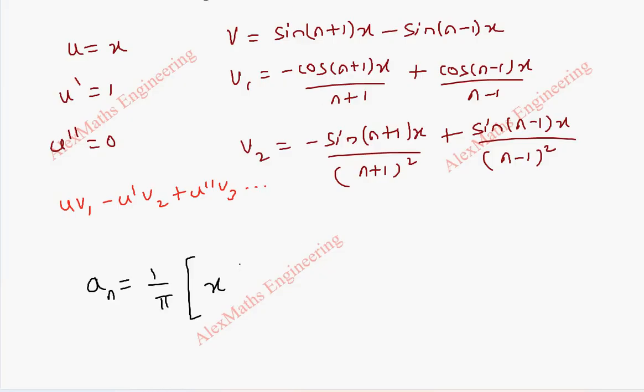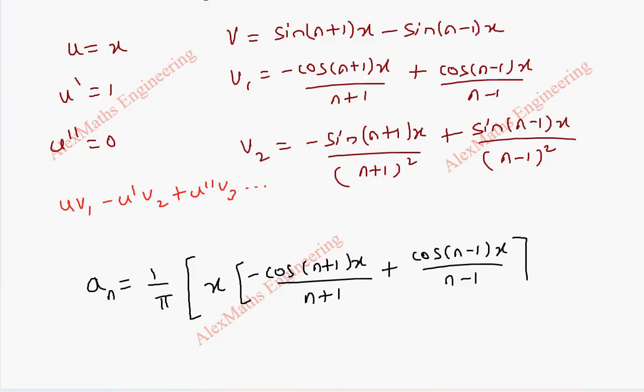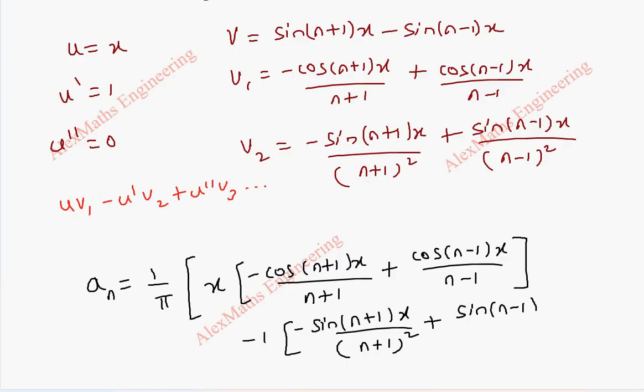So u v1, which is minus cos(n+1)x by n+1 plus cos(n-1)x by n-1, minus u dash, which is 1, into v2, which is minus sine(n+1)x by (n+1) whole square plus sine(n-1)x by (n-1) whole square. Then we have 0 to pi as our limit.